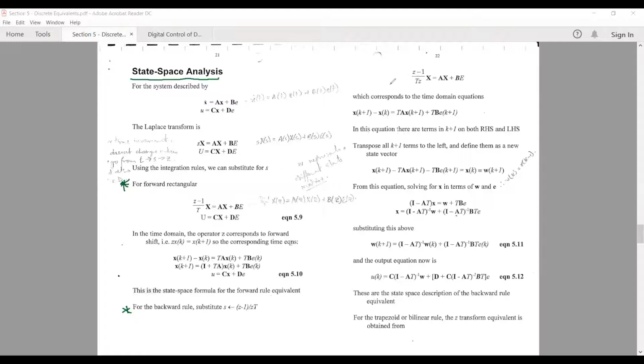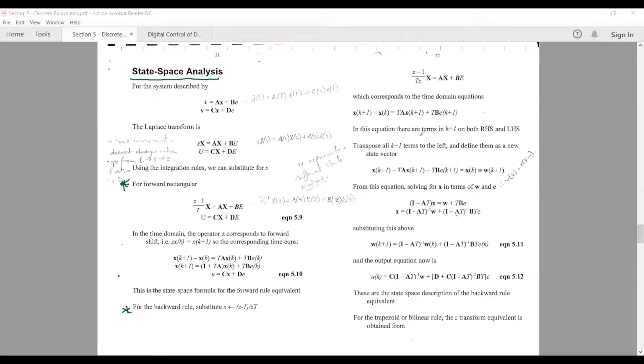Again, on the left hand side you will be left with x of k plus 1 minus x of k, equal to TA x of k plus 1, because we have a z in the denominator. When this multiplies with x, you get x of k plus 1 instead of just x of k. Plus T times B, because this T and z also multiply with B and E here, so you get T times B times e of k plus 1.